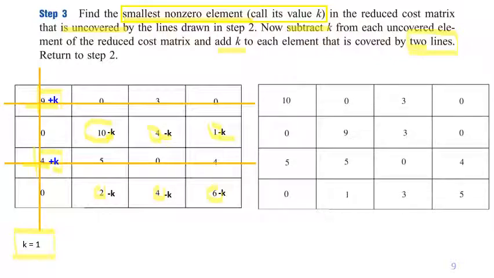You see that 9 becomes 10 now, 4 becomes 5, while on the other hand 10 becomes 9, and so on. So the uncovered elements, we subtract k from them; the elements covered by 2 lines, we add k to them. So here's the new matrix. We go back to step 2.